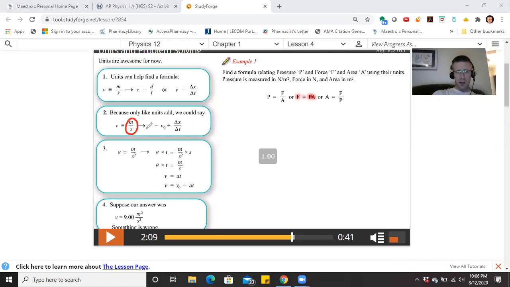Okay, so if I've got an equation for velocity, I've got two terms that are being added together here. Now if we're going to be adding these two units together and ending up with v, which is measured in meters per second, that means that both of these quantities, v naught and delta x over delta t, should also be measured in meters per second, because only like units can add.